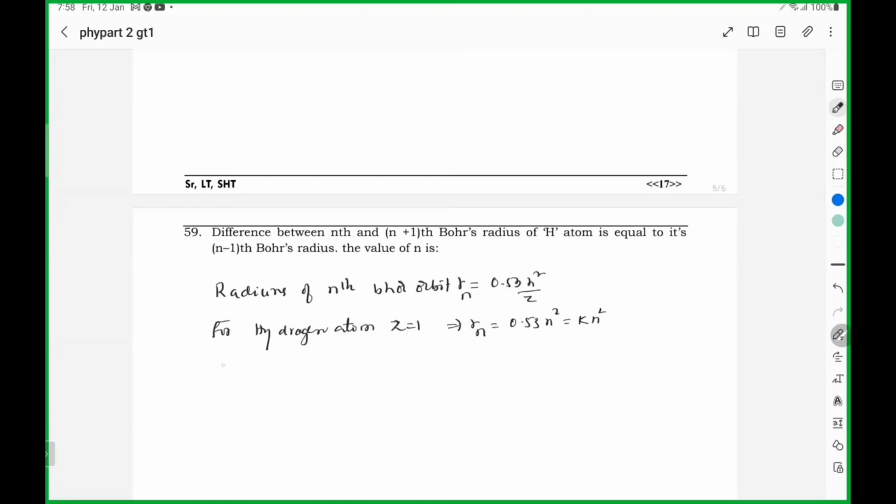So the radius of the n plus 1th orbit, and the difference between the nth and n plus 1th orbit will be equal to the radius of the n minus 1th Bohr orbit.